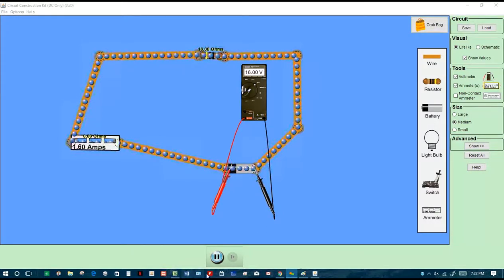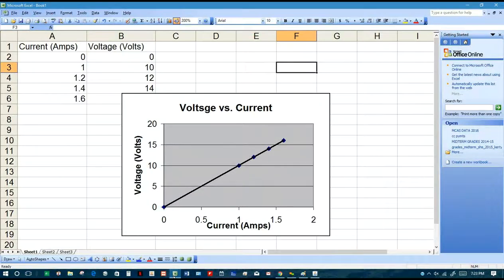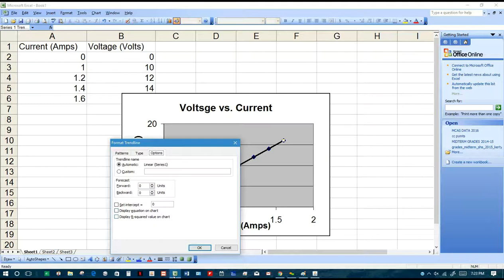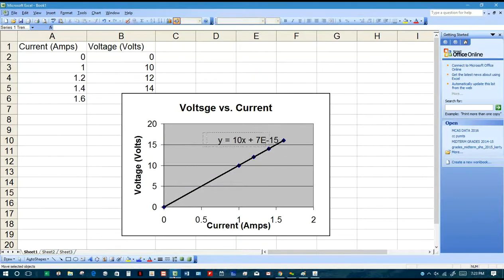Let's ask Excel to give us an equation of best fit. Are you familiar with what an equation of best fit means? It is an equation that fits the data set that you've put on the graph.